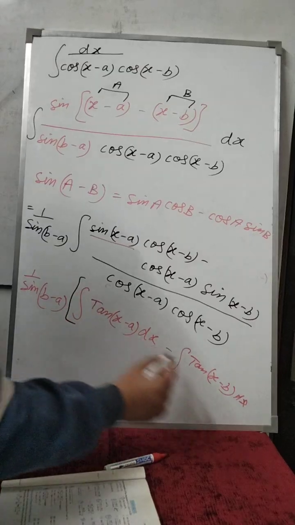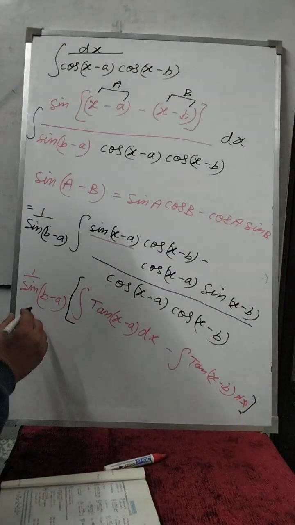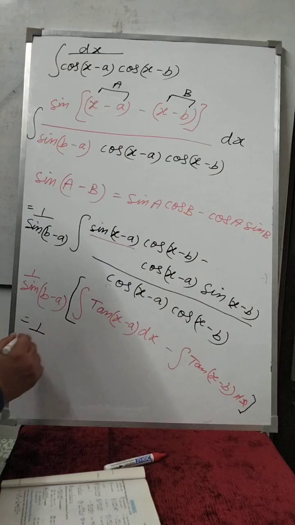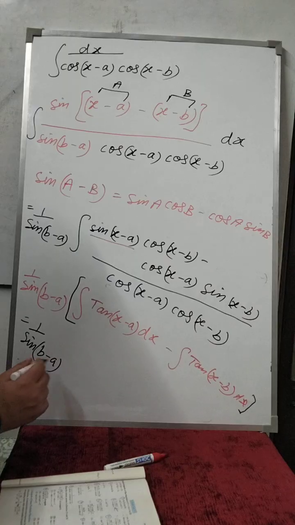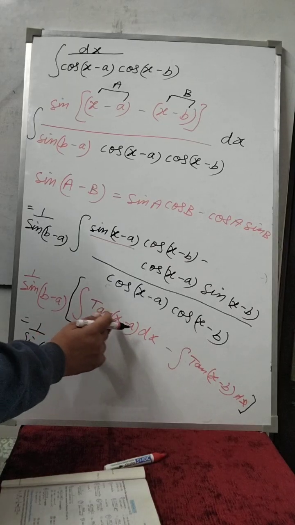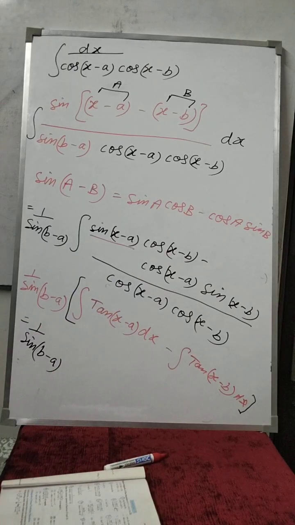So this sin a minus b is completely out of integration, so I can write this as 1 upon sin b minus a. So tell me friends, what is the integration of tan x minus a? What is the integration of tan theta? Integration of tan theta is log of mod sec theta. Am I right? Integration of tan theta d theta is log to the base e mod of sec theta.